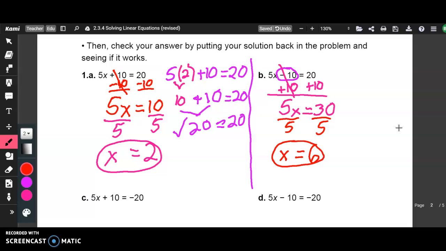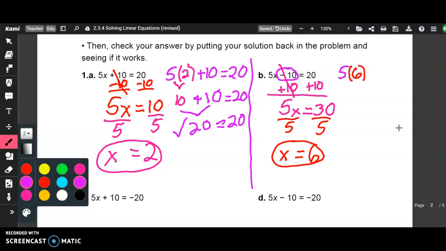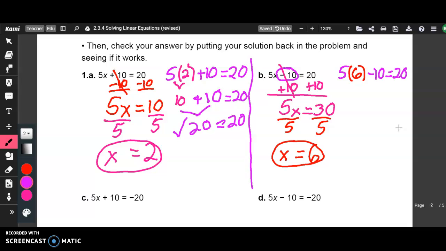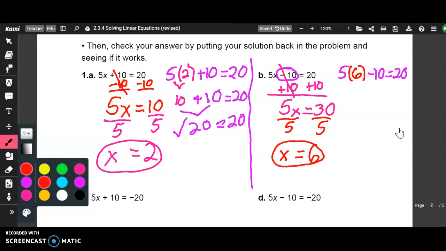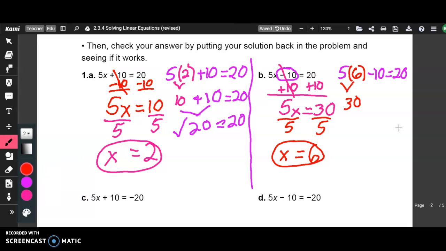Now again, how could we check to see if this answer is correct? Well, what we can do is put the x back into our equation. So we get 5 times 6 minus 10 equals 20. 5 times 6 is 30.